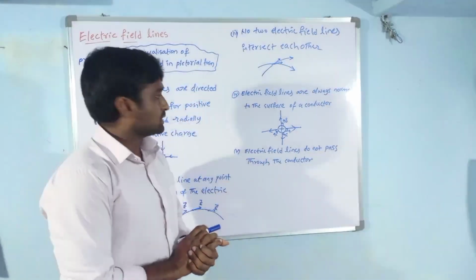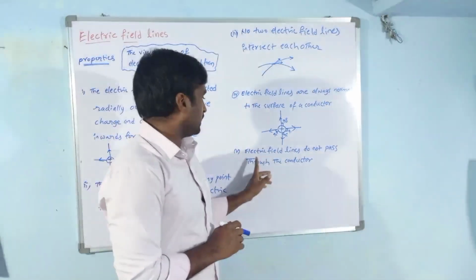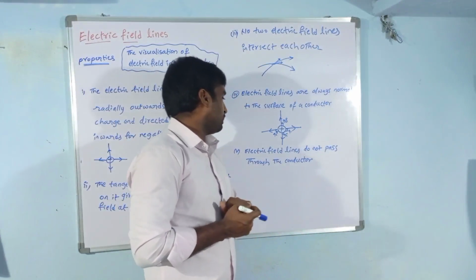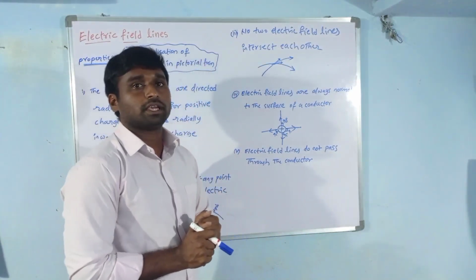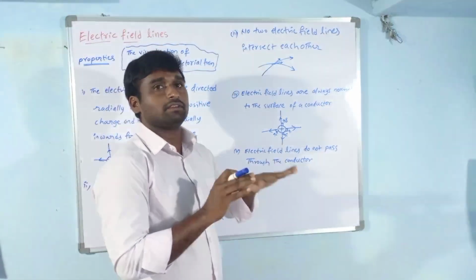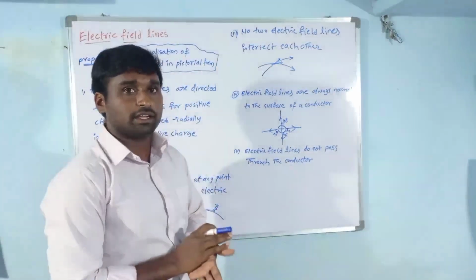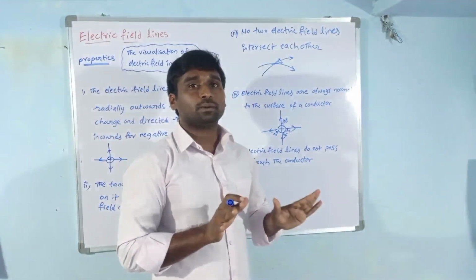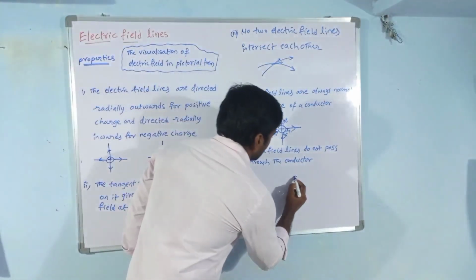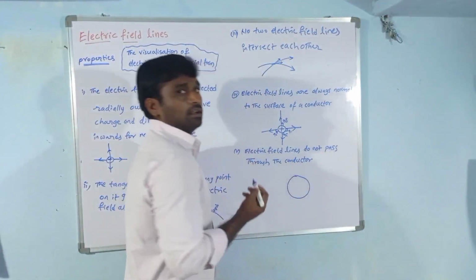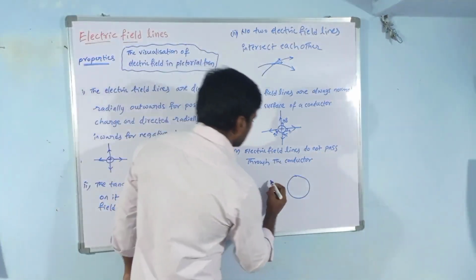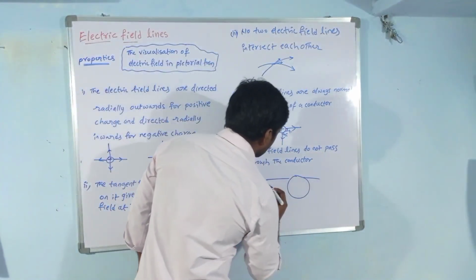Next, the fifth property. Electric field lines don't pass through the conductor. Electric field lines never pass through the conductor. That means the electric field inside the conductor is zero. This is a conductor, and these are the electric field lines.